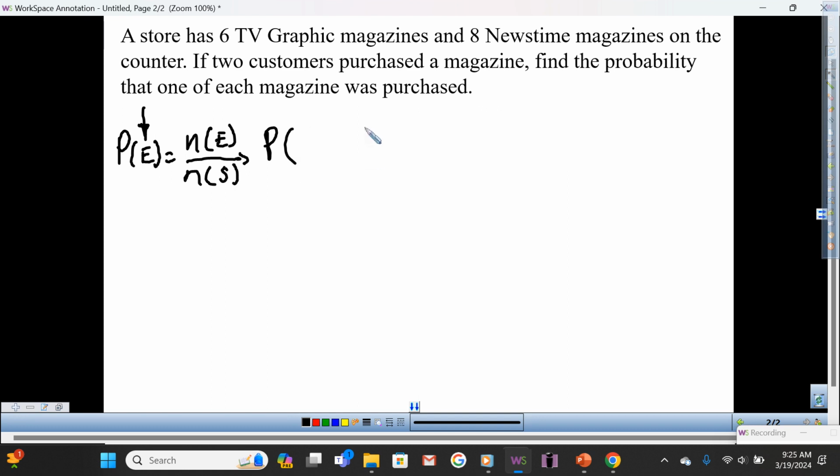So P of E, what are they asking for? It says, find the probability that one of each of the magazines was purchased. So one of each. What kind of magazines? TV Graphic. And the other one is what? News Time.